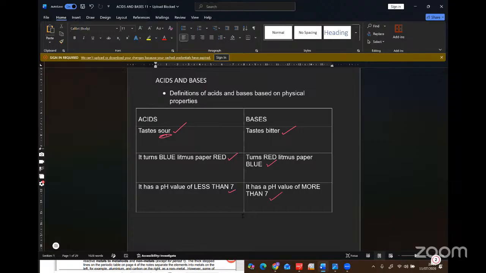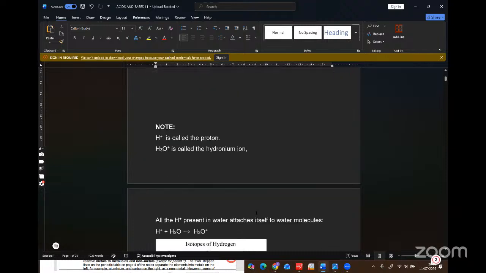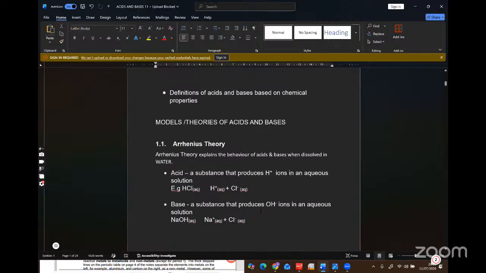So, when you come to grade 11, we don't really focus on these types of definition because they are not adequate. But it's good to know them, but it's not going to help you much. What is going to help you is the definition of acids and bases on the basis of what we call the chemical properties.